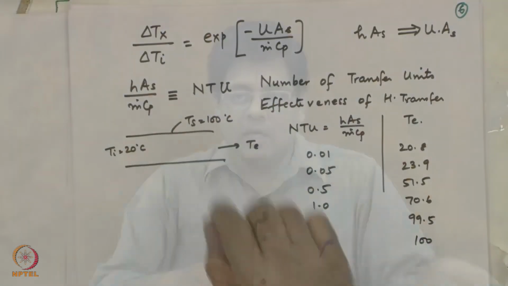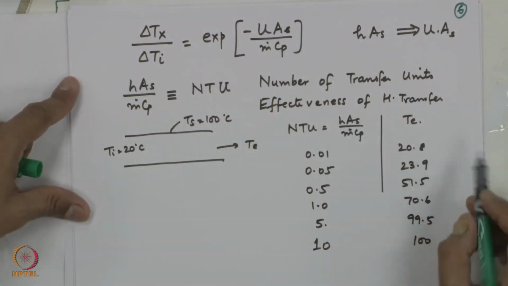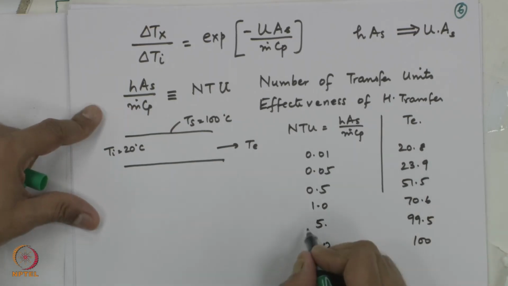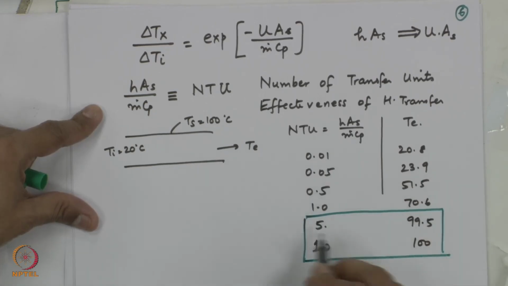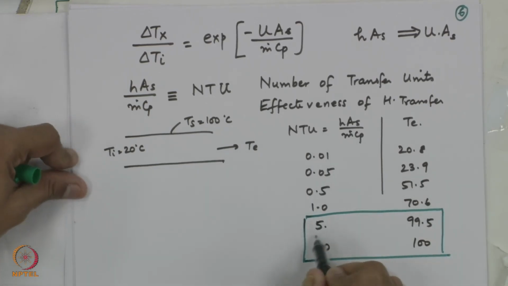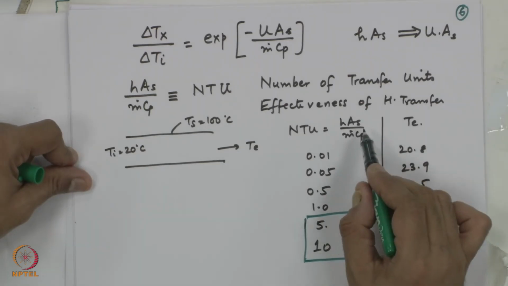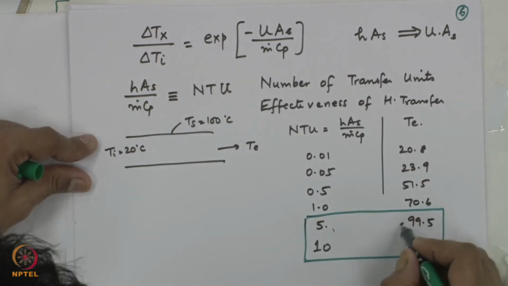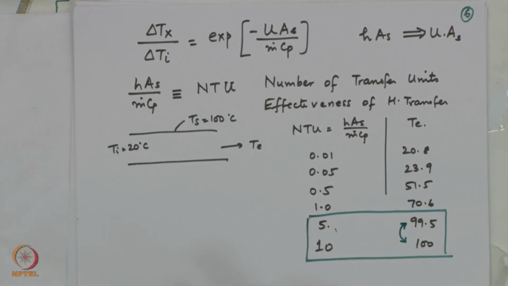The point to note here is, as my NTU increases, the effectiveness of heat transfer increases, and therefore, the exit temperature progressively increases. But if you notice these two, if my area has gone twice, hAs, m dot Cp, everything remaining constant, only length is changing, this is increased by a factor of 2. It causes a change in the exit temperature by 0.5 degrees.